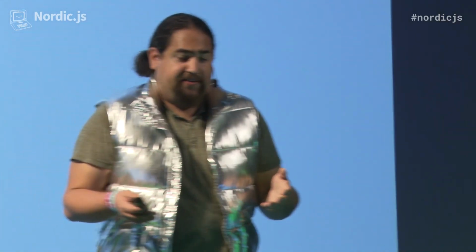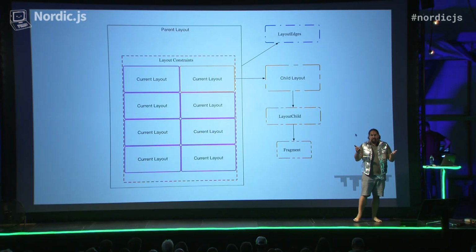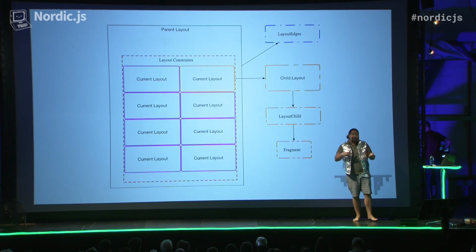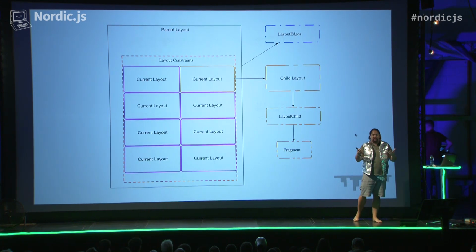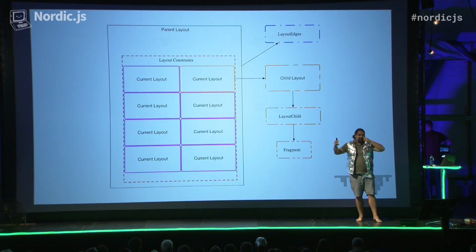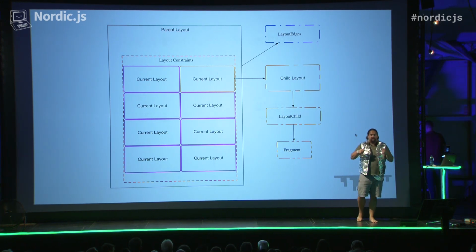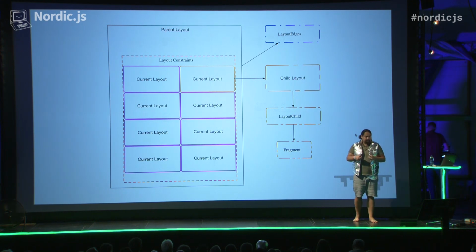So in order to understand the layout API, we unfortunately need to go through some terminology, but at the other end of this, you'll understand how browsers think about layout. So at the big level, we've got our parent layout. This is the element that actually has the display property on it. Inside that parent layout, there are two things. It has layout edges, that is your border, your padding, your scroll bars.